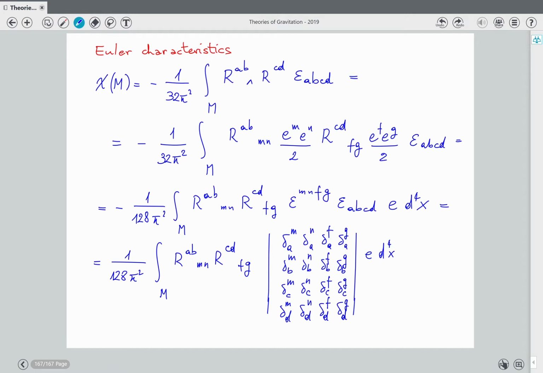So for example, the first two columns are obtained by exchanging M with N, so they will give the same contribution, the first and the second two as well.